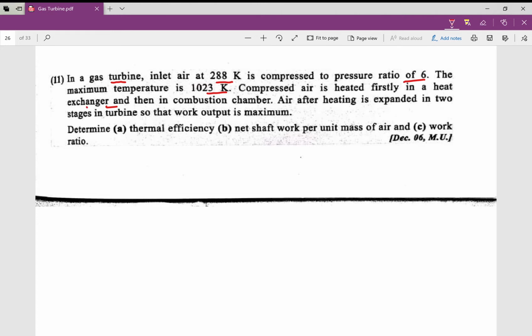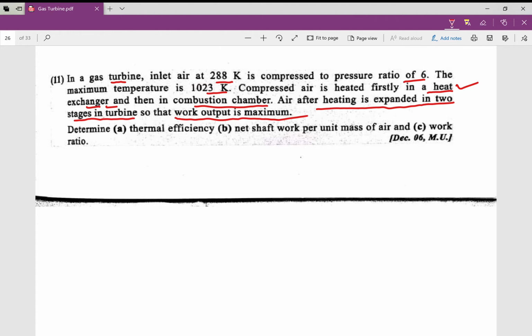So compressed air is heated at two places, in the heat exchanger and in the combustion chamber. So accordingly we should draw the TS or other diagram. Now here air after heating is expanded in two stages in the turbine so that we get maximum output.